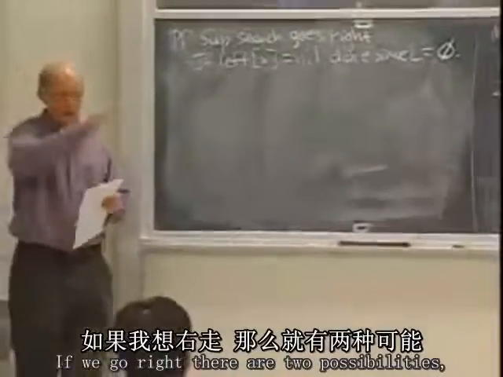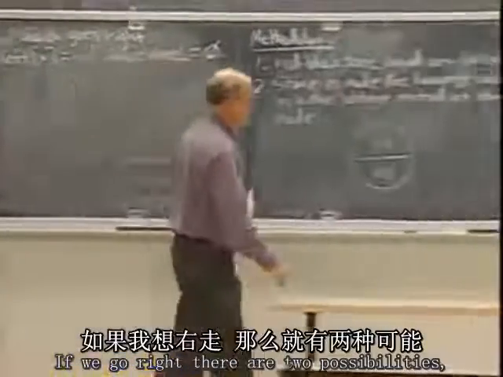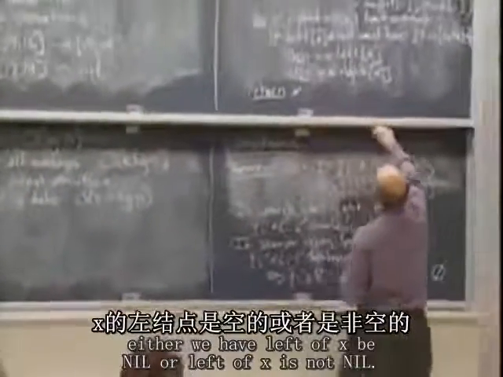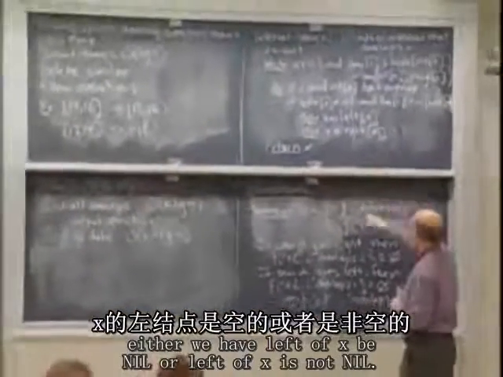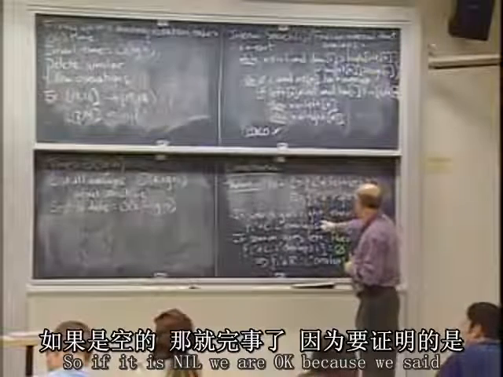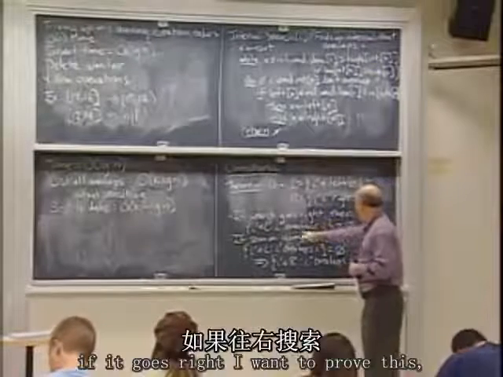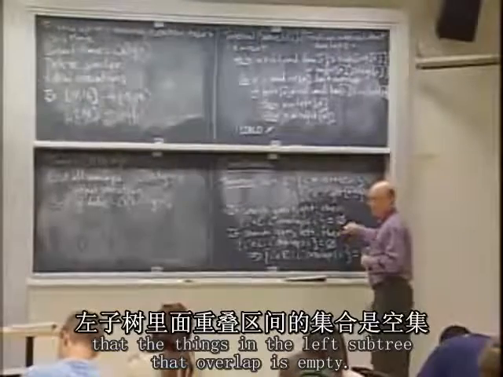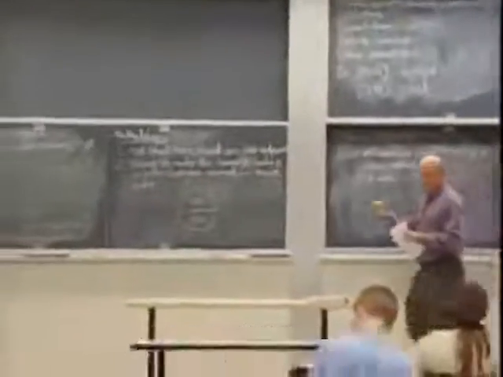So if we go right, there are two possibilities: either left of x is nil or left of x is not nil. If it's nil, we're okay, because I want to prove that the set of things in the left subtree that overlap is empty. If there's nothing there, there's clearly nothing there that overlaps.